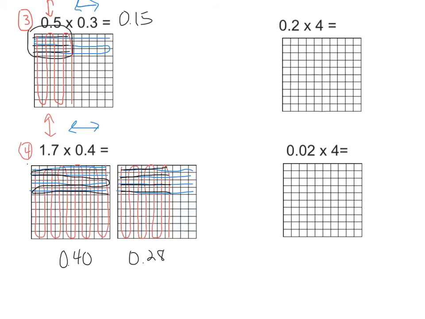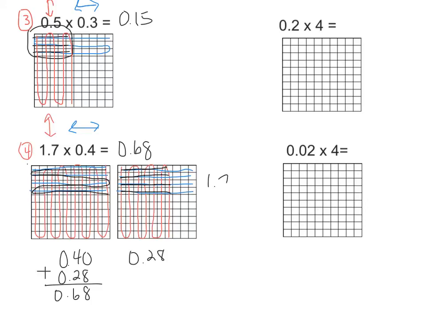And I can just add those two numbers together. Or if you were counting, you could have just counted 40 over here and 28 over here. 4 plus 2 is 6. So there are a total of 68 hundredths.